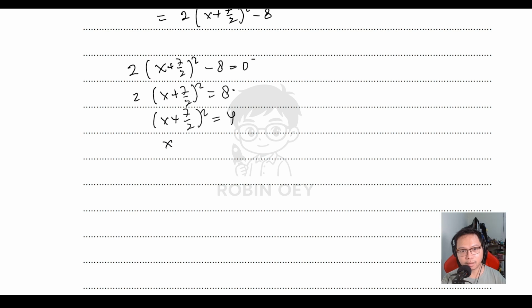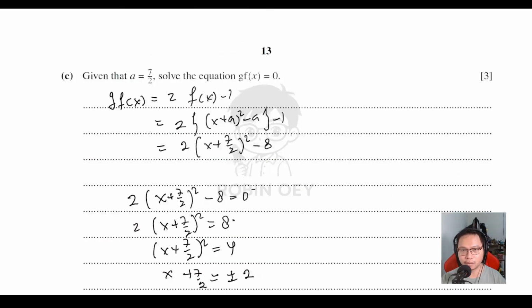And x plus 7 over 2 must be plus or minus 2. We have two answers here. Is it negative 7 over 2 plus 2, or is it negative 7 over 2 minus 2? So we have to check.